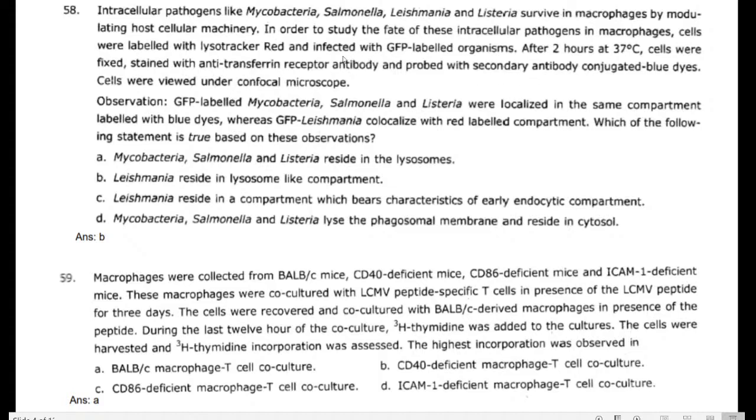The anti-transferrin receptor is the primary antibody, then the secondary antibody with the blue dye is added, and they are visualized under the microscope.